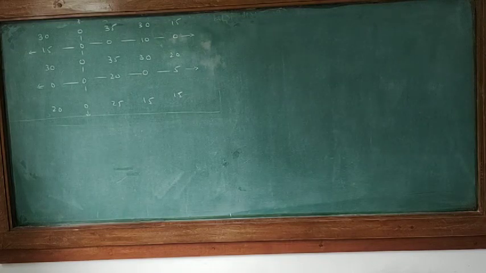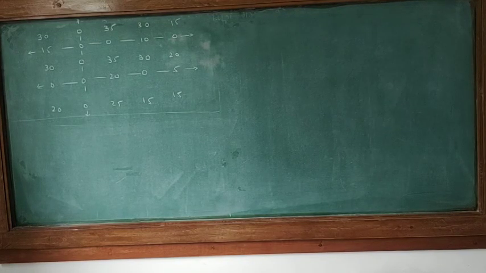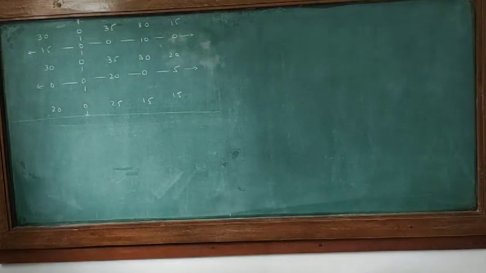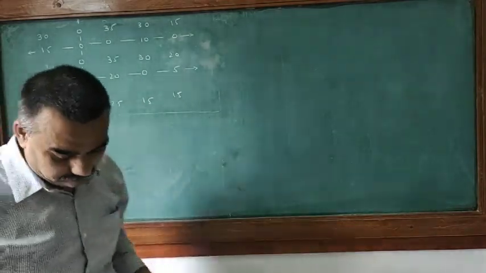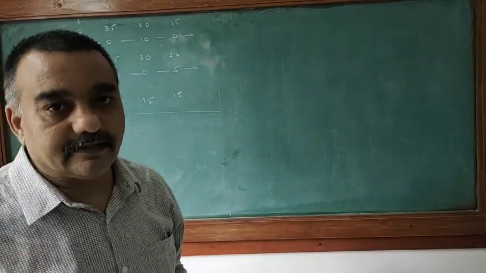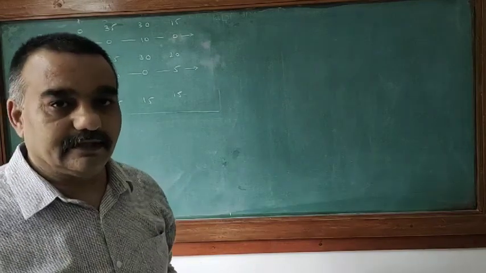In the next step, we choose the minimum number from the uncovered entries, and that is 15. I repeat this statement which I said just before.